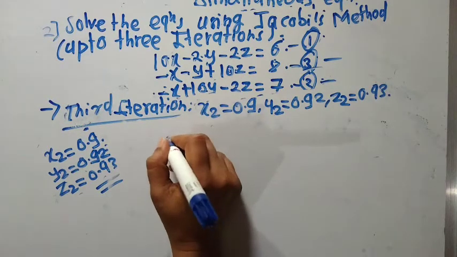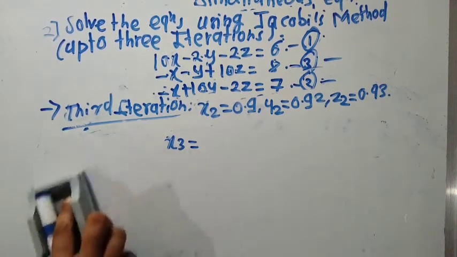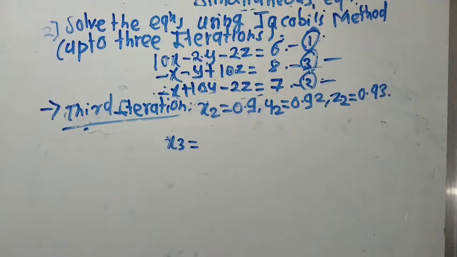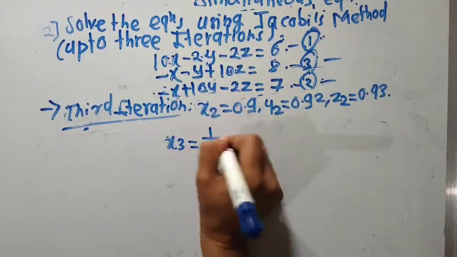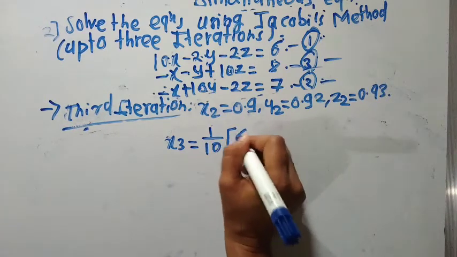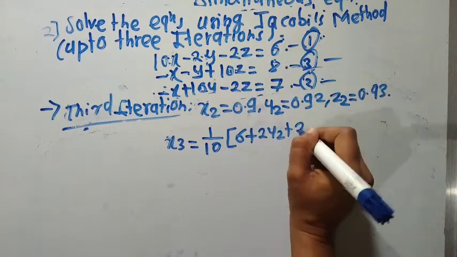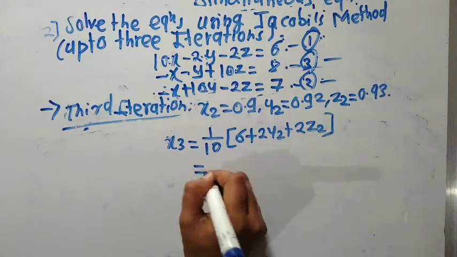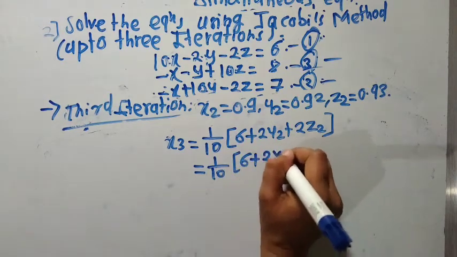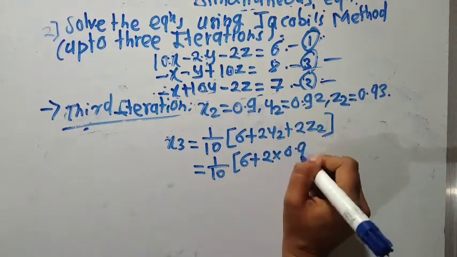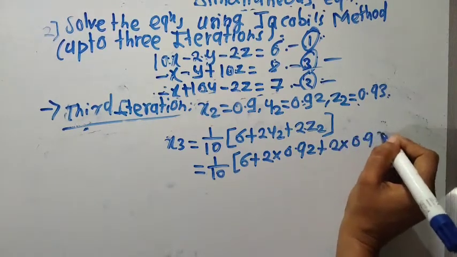So first find out x3. Using the first equation, x3 is 1 by 10, 6 plus 2y2 plus 2z2, which is equal to 1 by 10, 6 plus 2 into y2 plus 2 into z2 is 0.93.